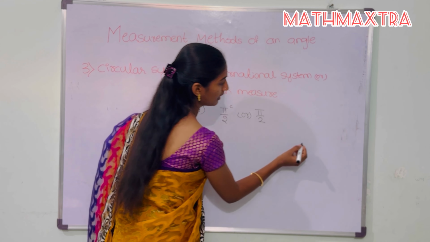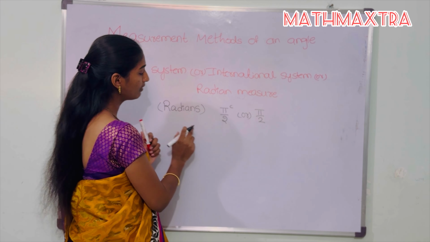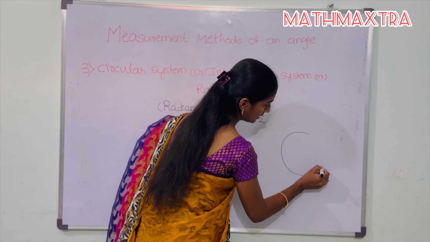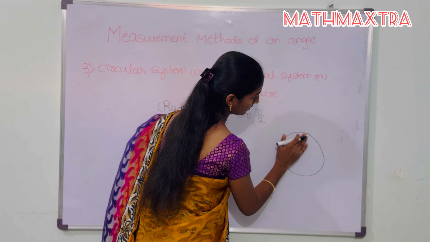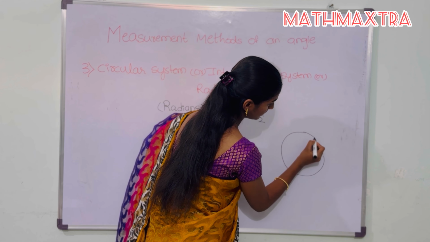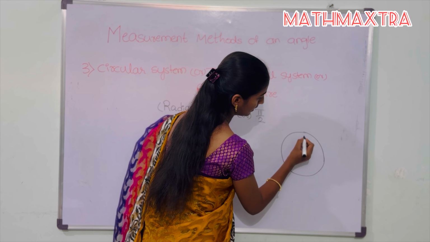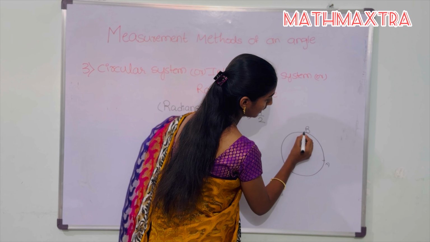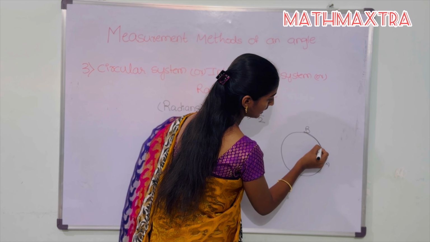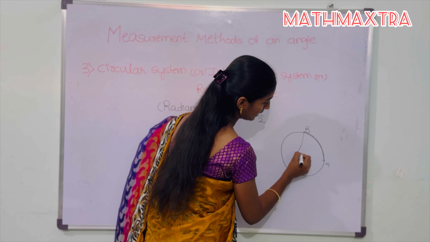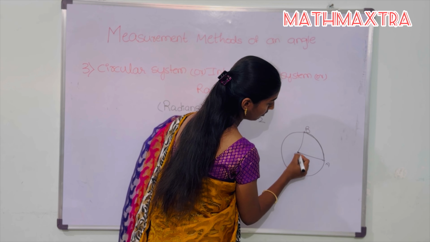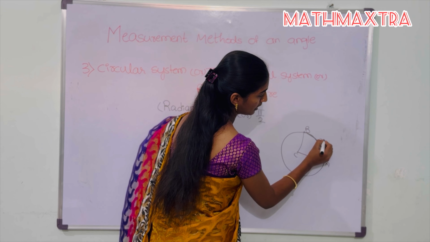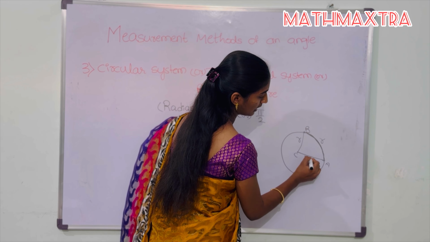In this, first we'll define what a radian is. So, what is a radian? Here, the circle, the arc AB. This arc is subtending an angle at the center of the circle where the length of the arc must be equal to the radius of the circle.